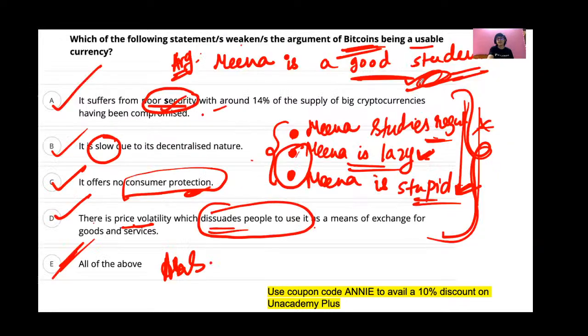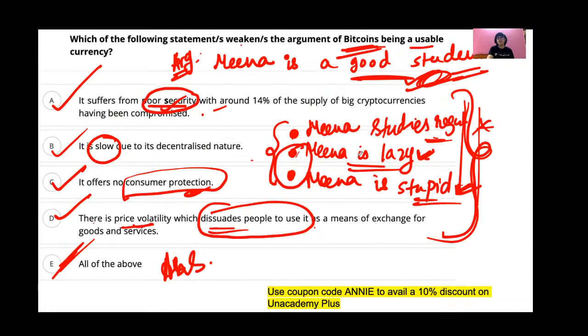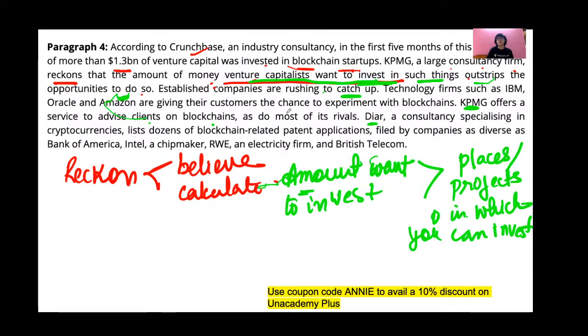Nowhere has it been suggested in the paragraph, so we cannot conclude this. If we see option B, the demand for blockchain based startups is far more than the supply of feasible ideas. This thing we can conclude from which statement? From this one. The amount of money, wait a second, please.